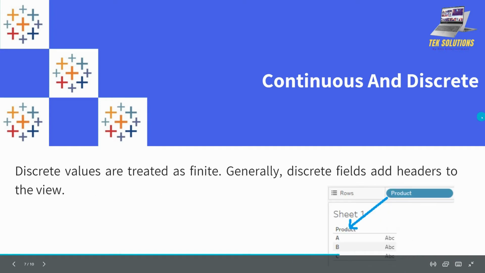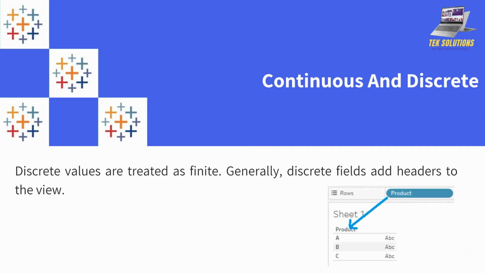So next, discrete. Discrete values are treated as finite or limited, they have a limit. Discrete generally adds a header to the view. For example, product. You're adding a product to the view. It has added a header to the view: product A, product B, product C, and this is finite, limited, not infinite like the continuous.